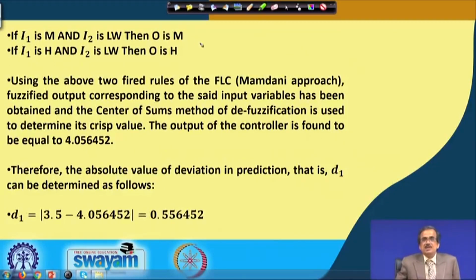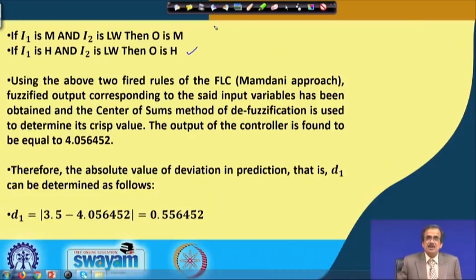So, we can find out the fuzzified output, and corresponding to the second rule, once again I can find out the fuzzified output, and then we combine them, and we will get the fuzzified output for the combined control action considering these 2 rules.